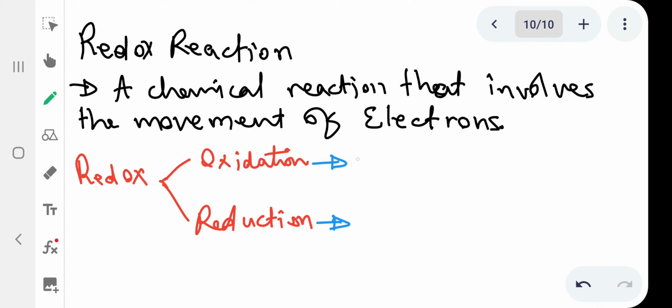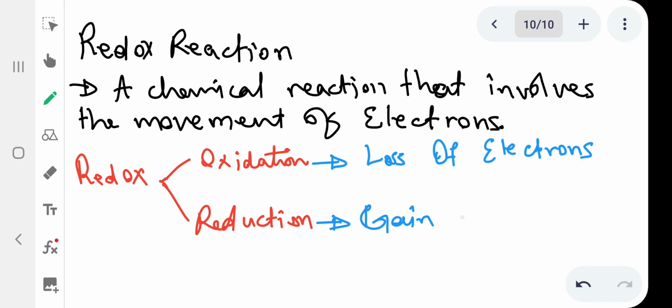So oxidation is the loss of electrons, and reduction is the gain of electrons.